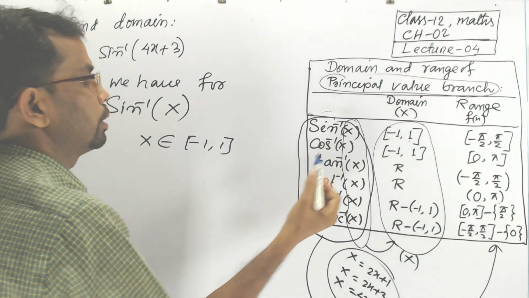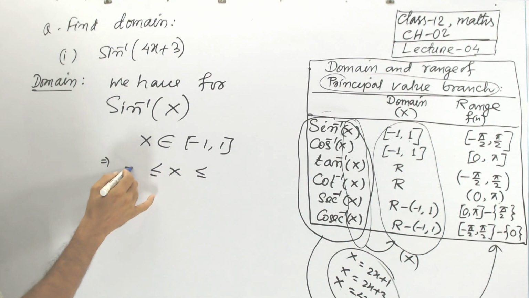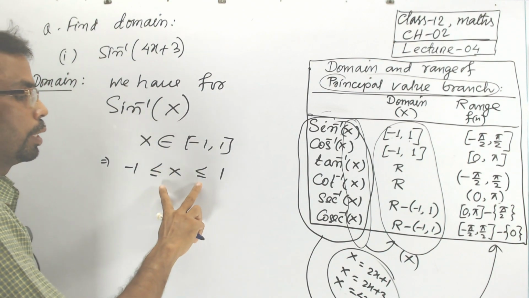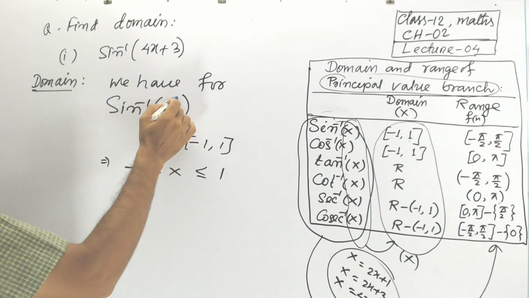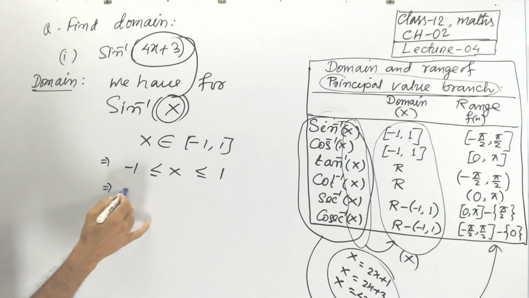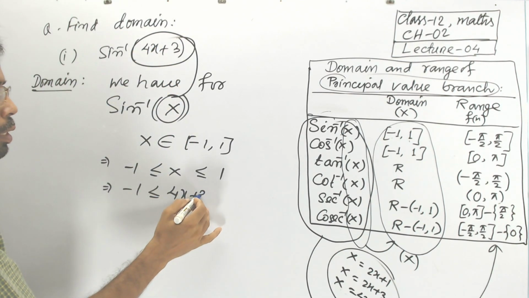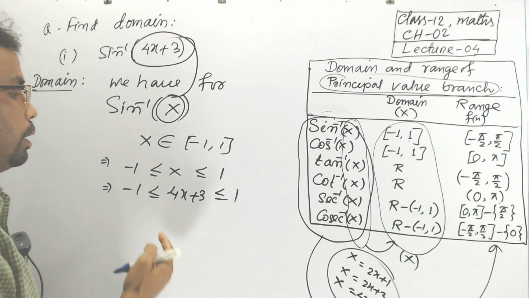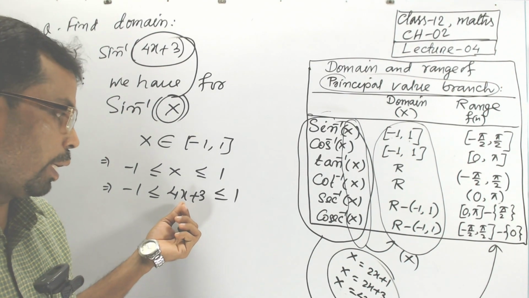That means X lies between minus 1 and plus 1, with equal signs. Now in this question, in place of X, what function do we have? 4x plus 3. So I can write minus 1 less than equal to 4x plus 3 less than equal to 1, and then we have to find the possible values of x.